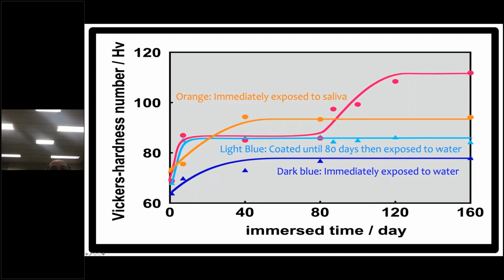Now they did the final test. They put the coating on, like I showed you in the clinical case. They waited 80 days, and then the coating was worn off by mechanical wear and so on. Saliva started acting on the glass ionomer cement. Now the surface hardness of that is much higher than can be achieved by anything else.